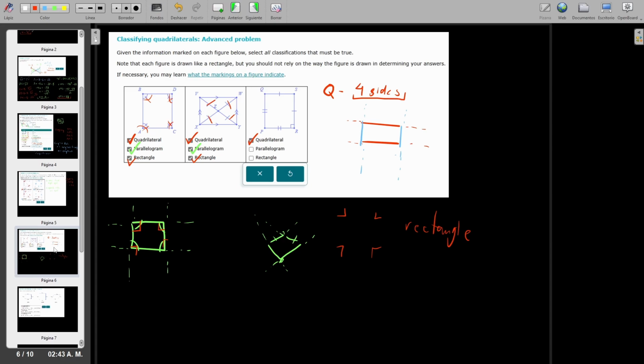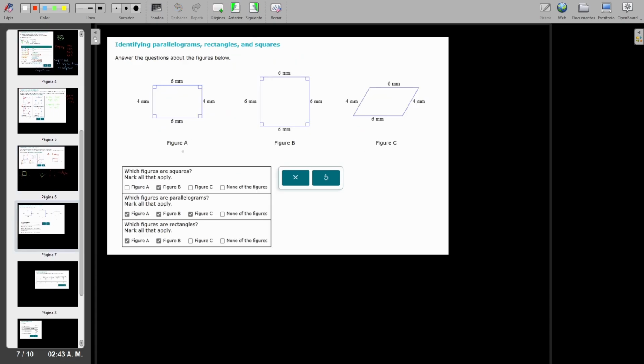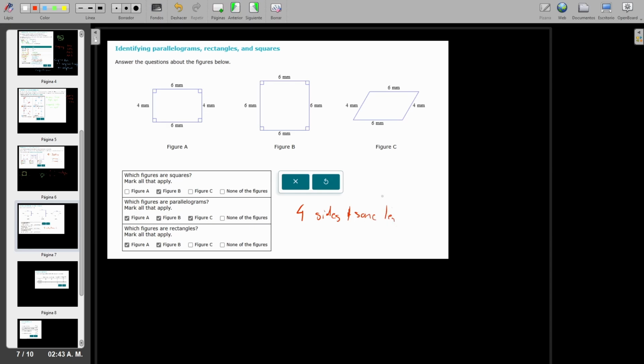Now we're going to the next one. We need to identify parallelograms, rectangles, and squares. Remember, squares means four sides and same length. These are squares.